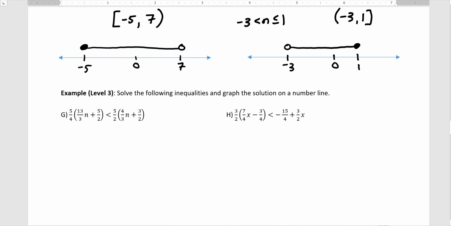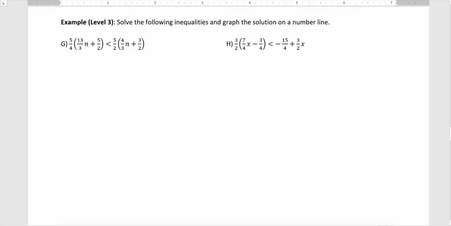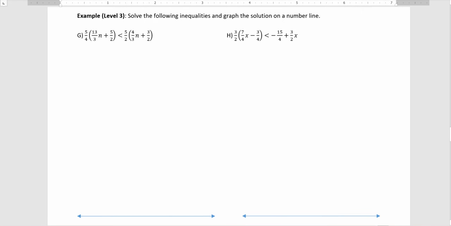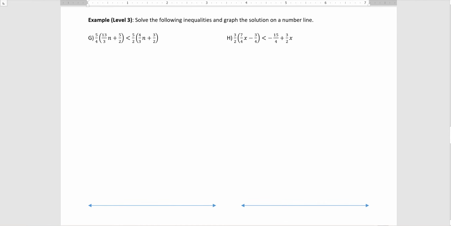All right. How are we feeling on these? Hopefully pretty good. Goodness, let's try one of these together and then I'll let you do the other one on your own. So let's do letter G here. 5/4 times the quantity 13/3 n plus 5/2 is less than 5/2 times the quantity 4/3 n plus 3/2.